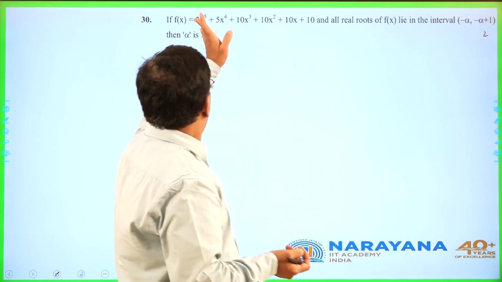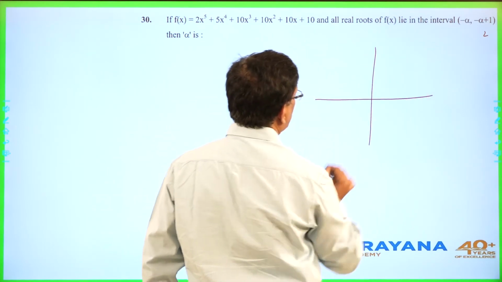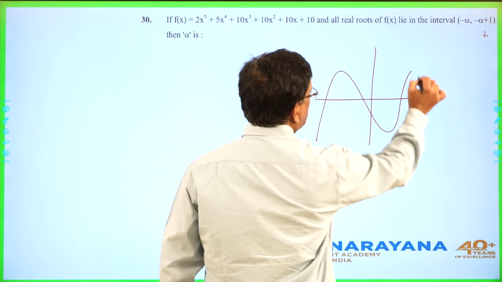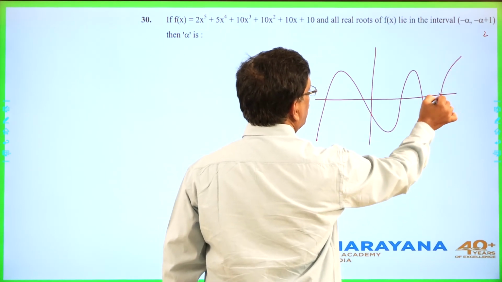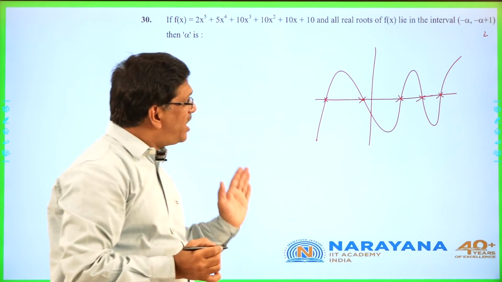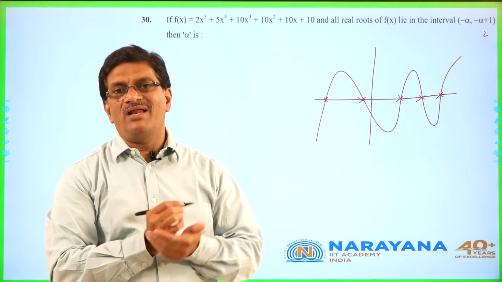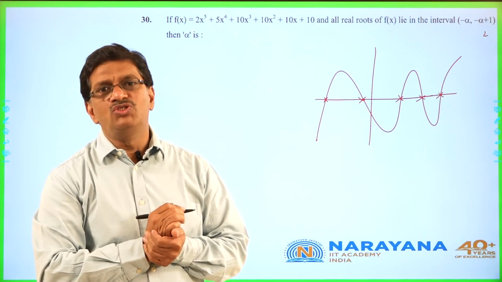We know that degree is 5. A rough diagram, I am drawing a rough diagram. It can be like this. So, 1, 2, 3, 4, 5 roots like this. Wherever the turning points are there, that can be obtained with the help of f dash x equal to 0.